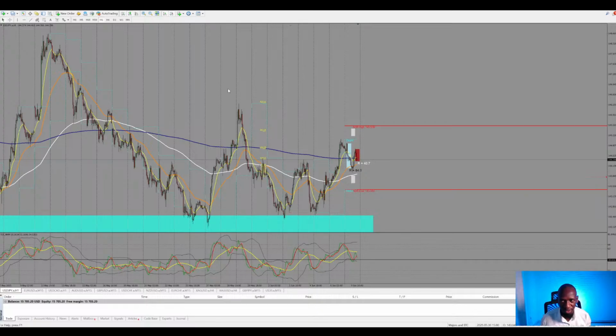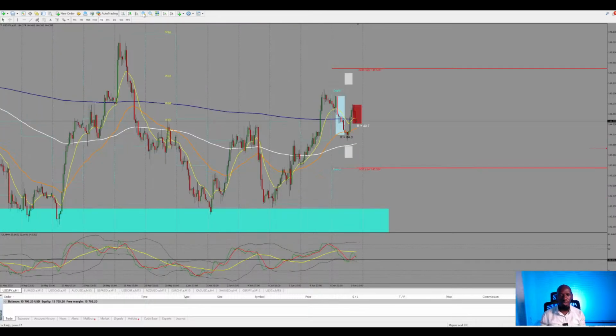So what that means is, if price comes back into the discount zone, then we will definitely be interested in buying. Okay, if it doesn't, then we will stay out, and should it break this high, then we will still be looking for it to come into the new discount zone.